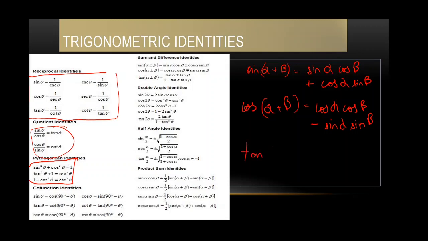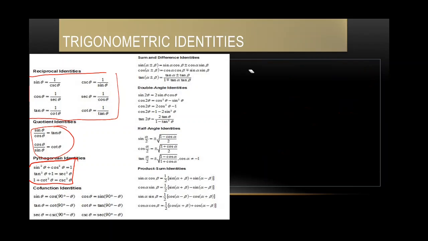So tan of alpha plus beta is equal to tan of alpha plus tan of beta divided by 1 minus, because here it's in the reverse, 1 minus tan alpha tan beta. So these are some sum and difference identities.